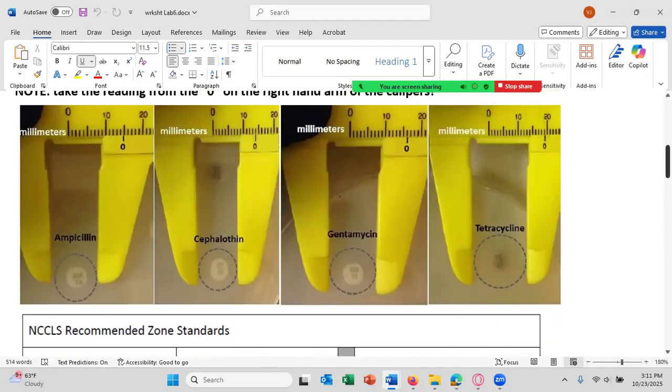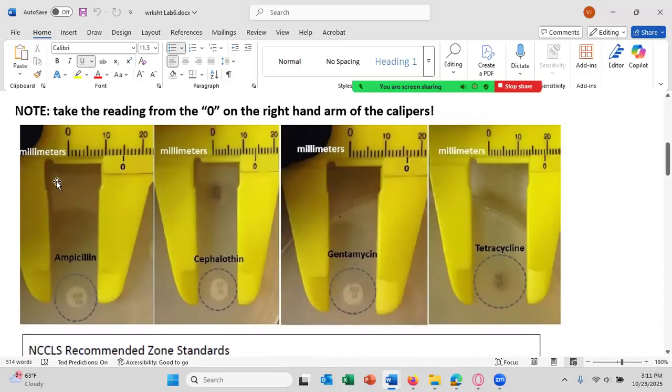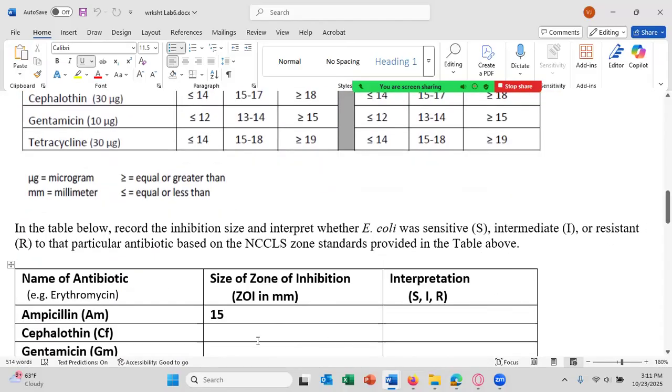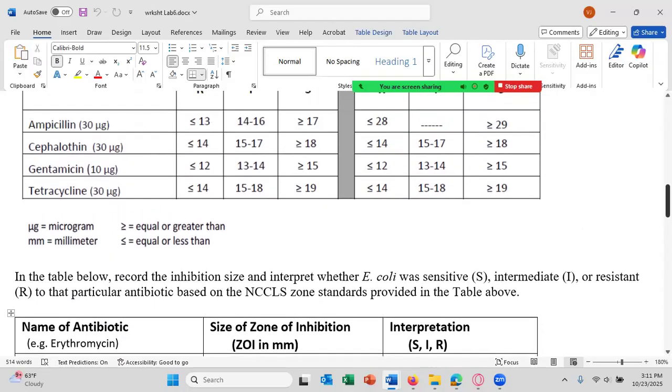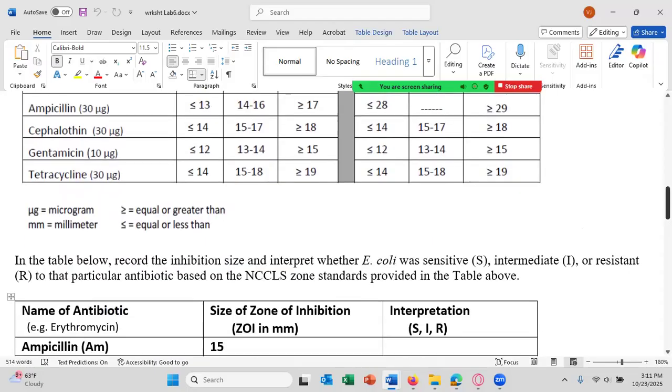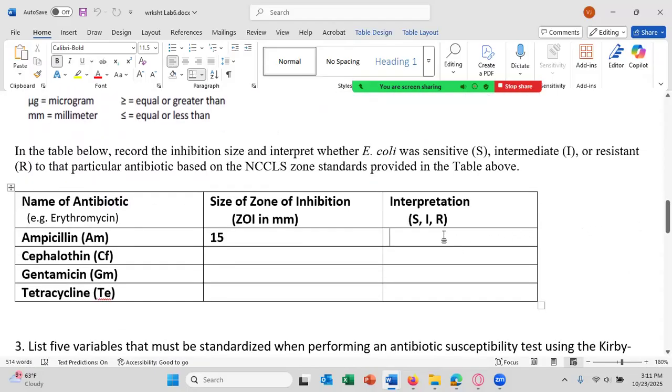All right, so for ampicillin, we have 15 millimeters, which is in the table here. So the zone of inhibition of ampicillin is 15 millimeters. The interpretation, come up to the table. Ampicillin, 15 millimeters is an I, so you put I or intermediate right here in the table.